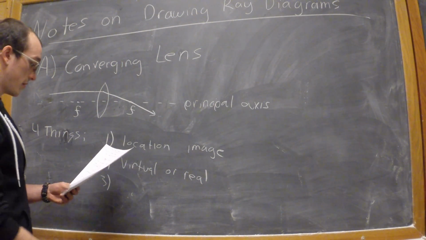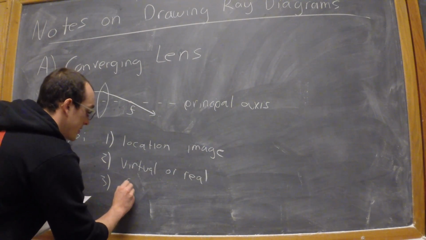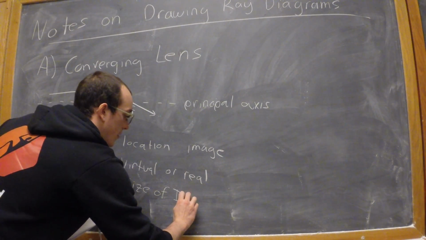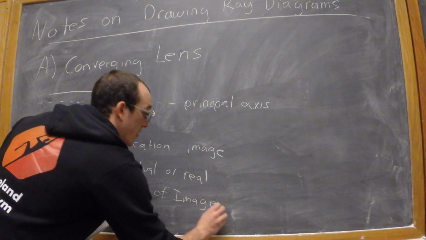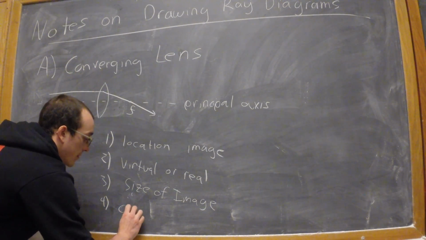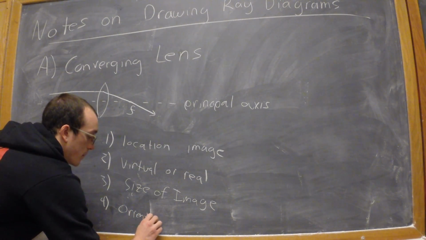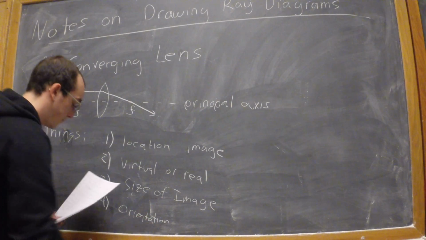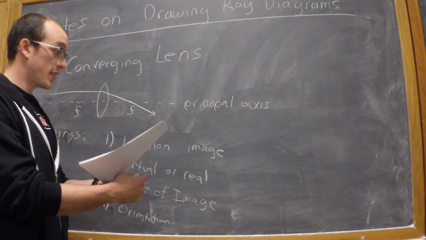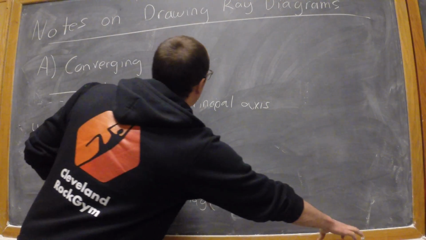Third, we want to determine the size of the image. And then lastly, we want to find the orientation. So in order to do this, first we need to define two lines.